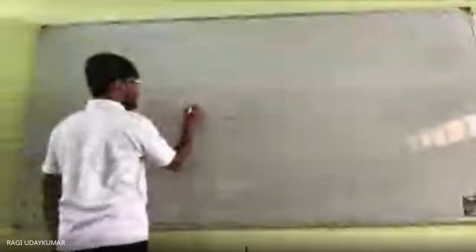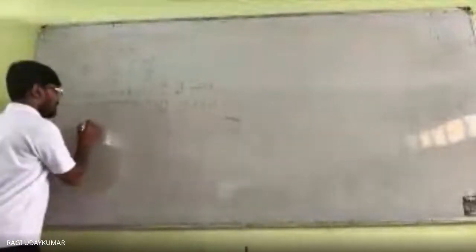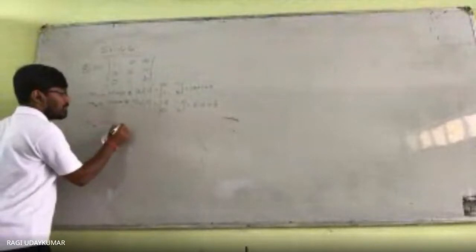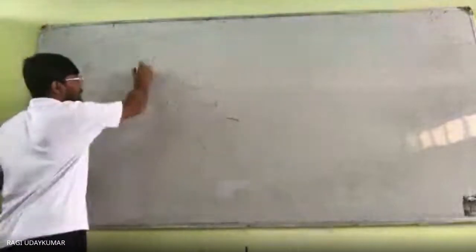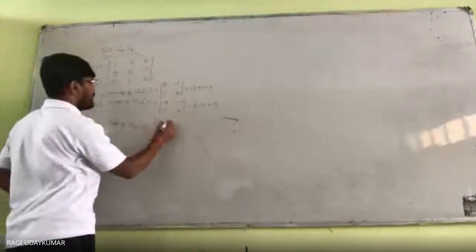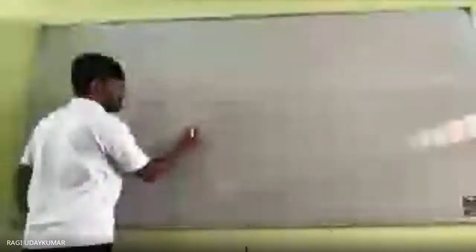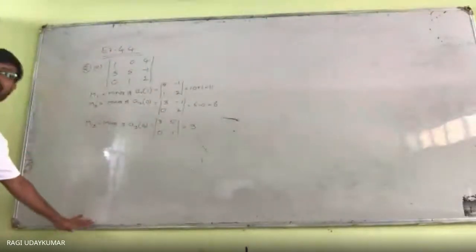The matrix obtained gives 6 minus 0, which equals 6. In the same way, M13 is the minor of A13, which is 4 here. Delete that particular row and column, and we get 3, 5, 0, 1, which equals 3. Like this, you have to find out the minors.